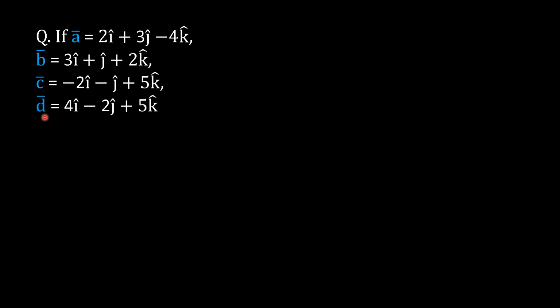If a bar equals 2 i cap plus 3 j cap minus 4 k cap, b bar equals 3 i cap plus j cap plus 2 k cap, c bar equals minus 2 i cap minus j cap plus 5 k cap, and d bar equals 4 i cap minus 2 j cap plus 5 k cap.